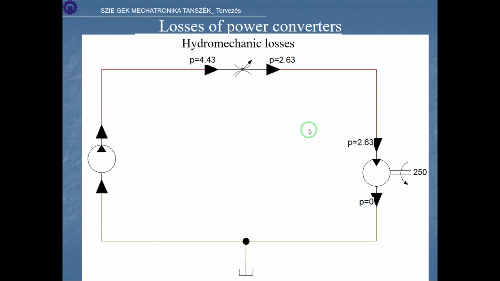The hydromechanical losses are the losses which are converted to heat. So for example, flowing through a throttle valve is a hydromechanical loss. So here the loss of energy will be converted to heat, and it will heat up the fluid and heat up the entire system.